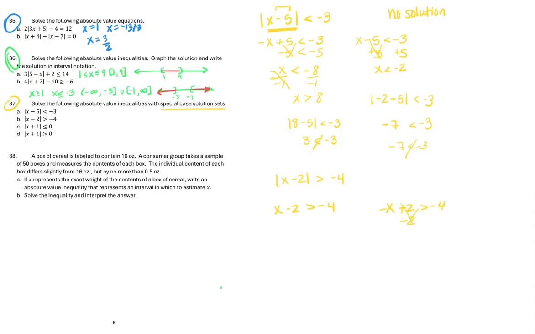So let's solve. Okay, so I'm doing this quickly because I'm going to show you something here at the end to where it doesn't matter what I put in here. So if I have 6 and 2, it has to be greater than 2. It also can be less than 6.